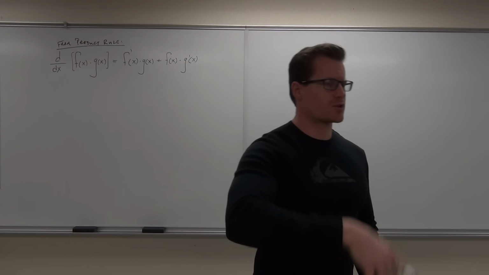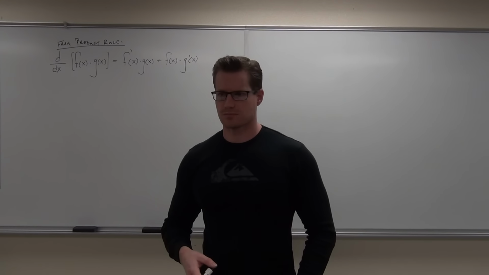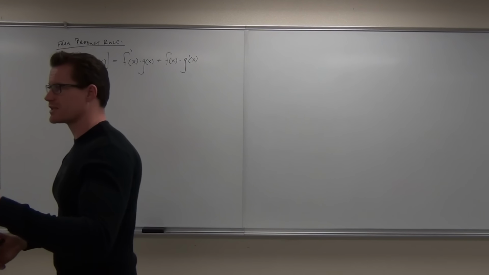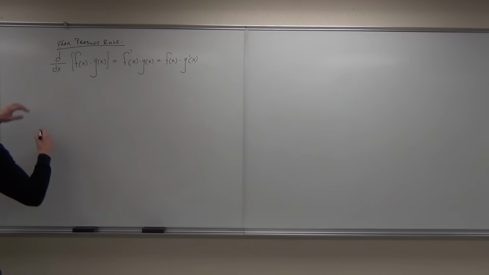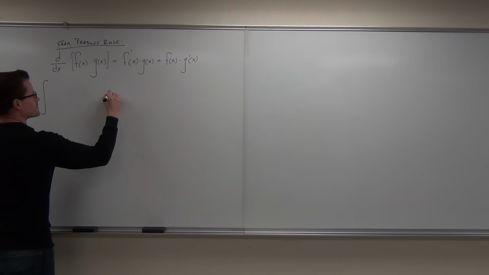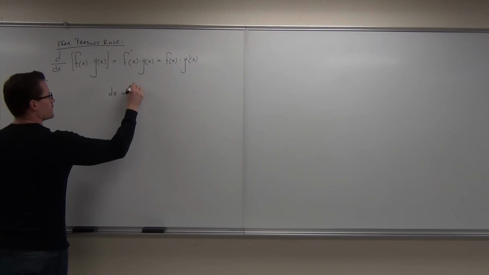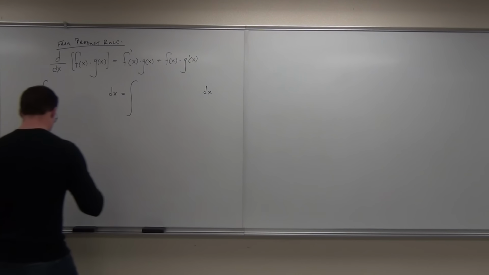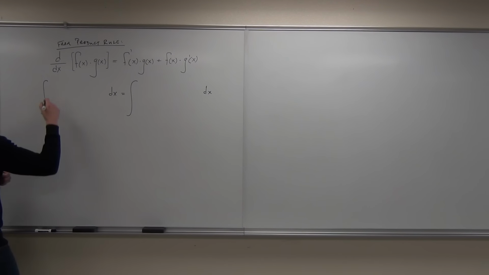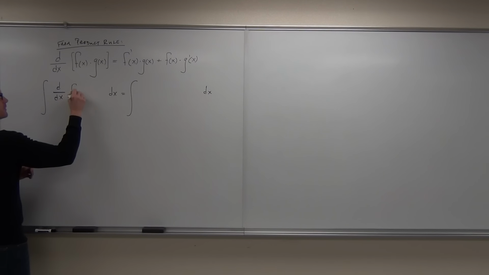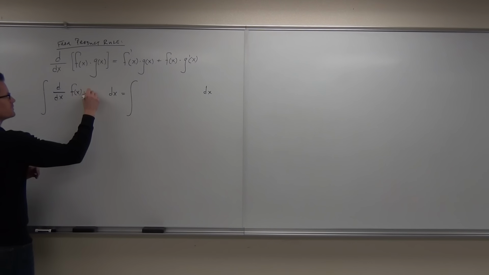Now, what's the inverse of a derivative? The integral. Let's integrate both sides. We can actually do this. You can integrate both sides of an equation. So if we integrate this dx and integrate this dx, then what we end up getting is the integral of the derivative of f of x times g of x dx.